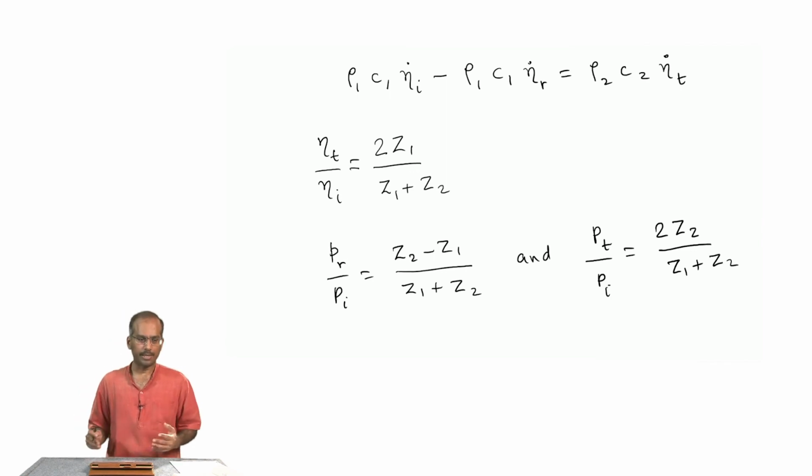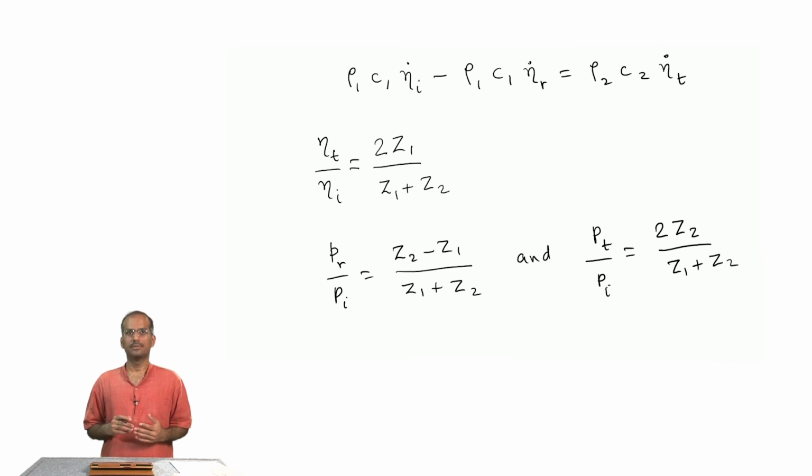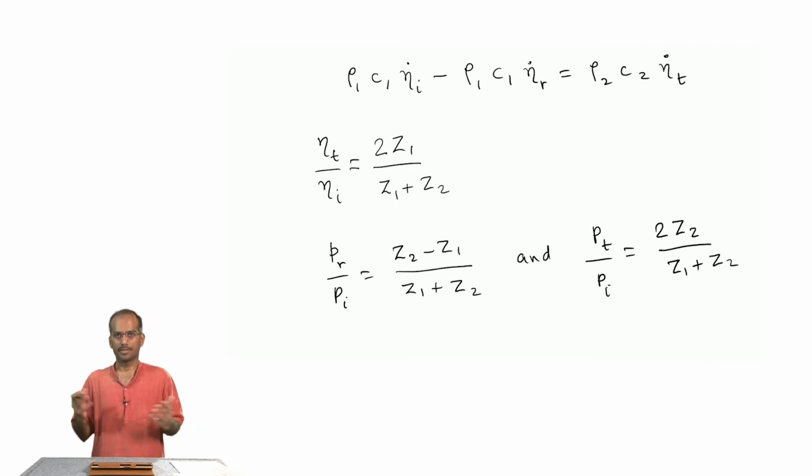So, again you will come back to the familiar result that the intensities of waves that are transmitted and the intensities of the waves that are reflected, the sum of these is equal to the intensity of the incoming wave. So, it is just a restatement of the principle of energy conservation.